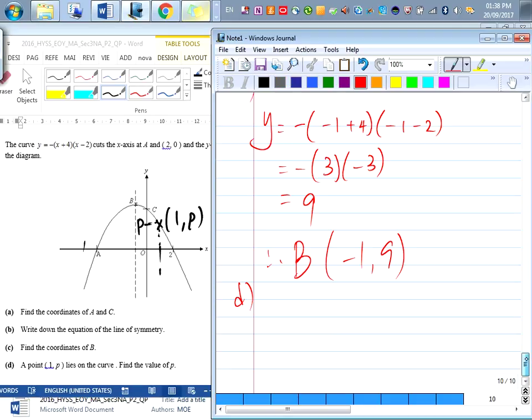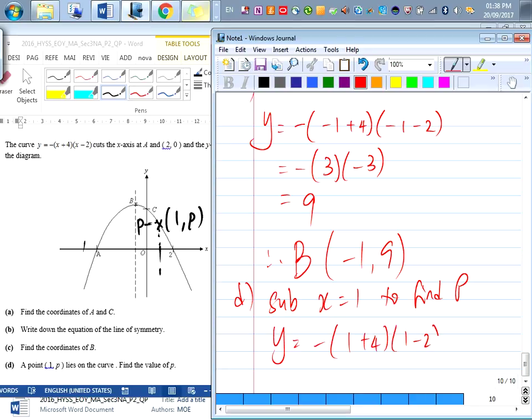Yes, we substitute x equals to 1 to find P. So substitute into your equation again, y equals to -1 plus 4, 1 minus 2. Answer will be 5. So P is equals to 5. Okay? 1, P. The value of P is 5.